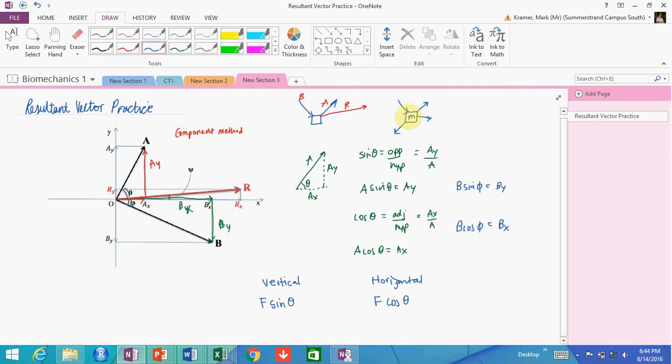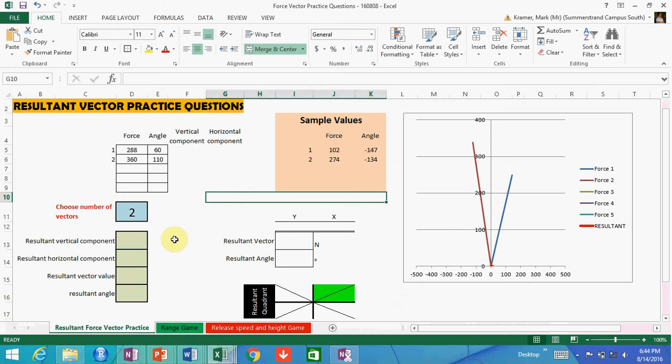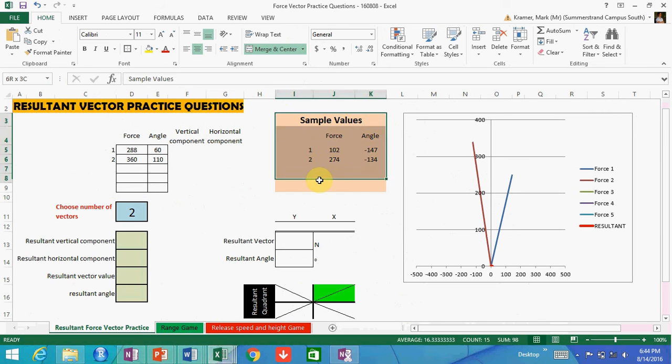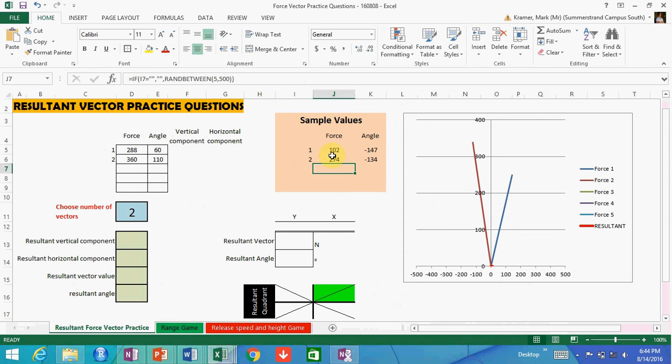Okay, so to allow you to practice that, I've created this simple interaction that allows you to test as many examples as you possibly want. You can see it'll generate some sample force values and some sample angles. And you might be thinking to yourself, hang on, Mark, I've never dealt with anything like 147 and negative 134.